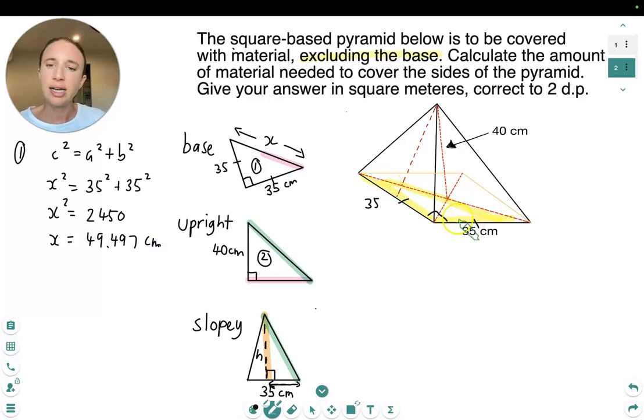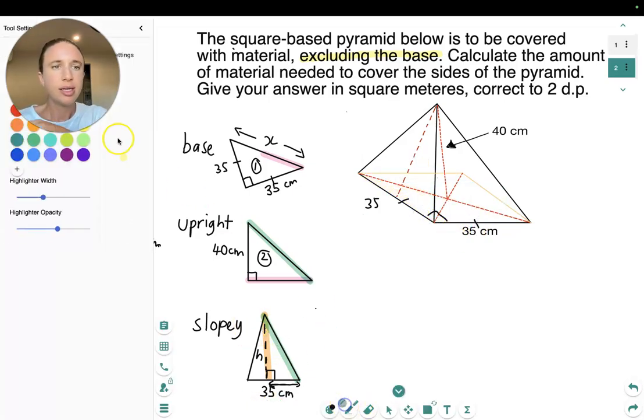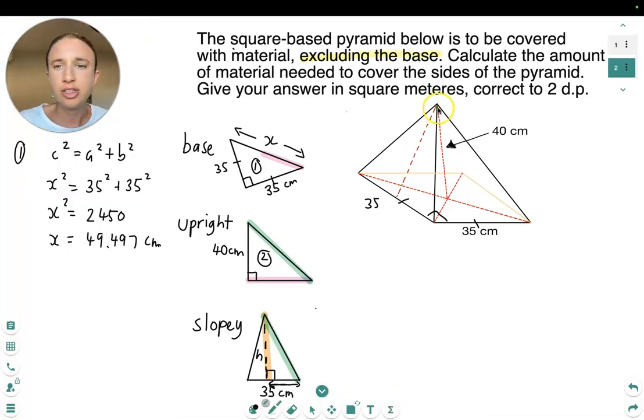Now, we've used that base triangle there. Now we're looking at this upright triangle. Let me highlight it, which is going to correspond to what I've drawn there in that diagram, okay? Now, what do we know about that?